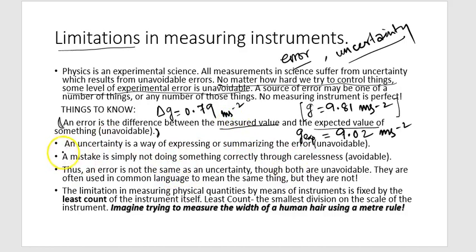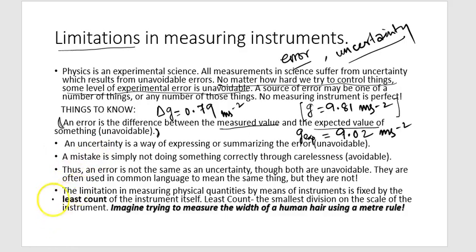Now, what about uncertainty? Okay. Now, the uncertainty is a way of expressing or summarizing the error. Now, this is not really very helpful. Okay, it's still vague, though it tries to move away from saying what an error is and what an uncertainty is. Okay, the uncertainty I think is way better explained in terms of the limitations of measuring instruments.